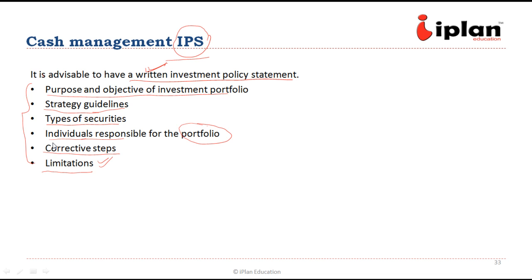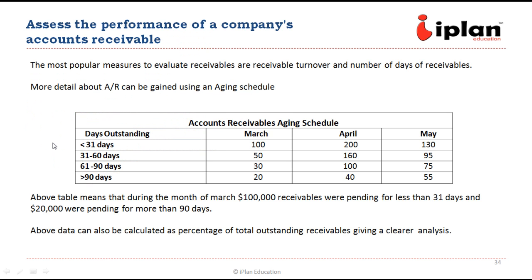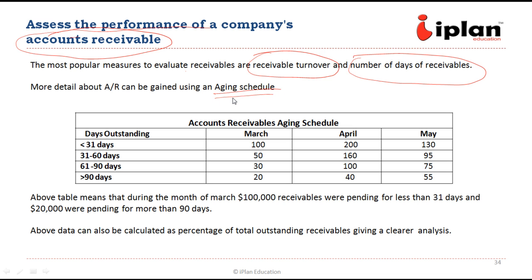Let us look at the next slide. Now, how to assess the performance of the company in terms of accounts receivable. We have already looked at two important parameters, which are receivable turnover and the reciprocal number of days of receivables. Another instrument used is the aging schedule.